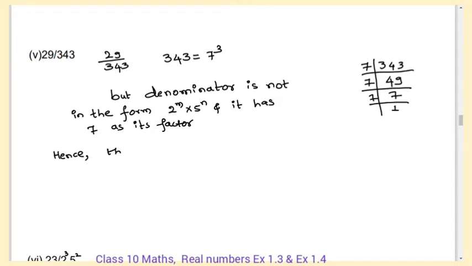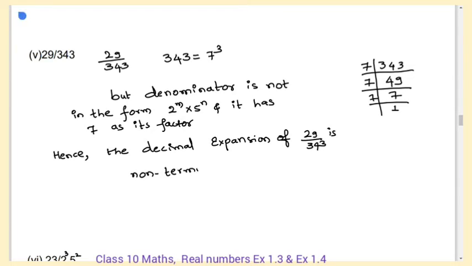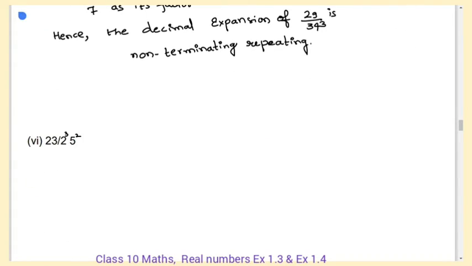Hence, the decimal expansion of 29 by 343 is non-terminating, repeating. So it is non-terminating, repeating, not terminating.